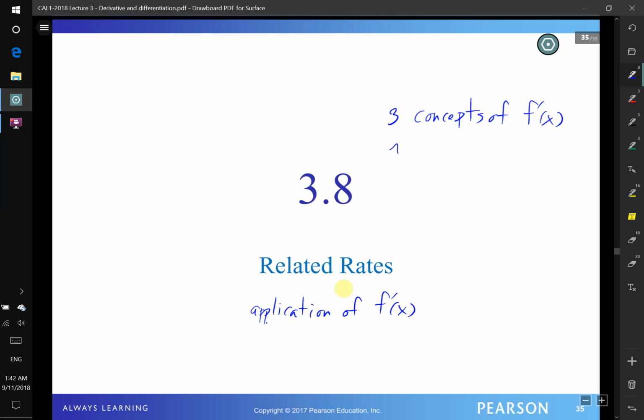The first one that we saw in this class is how we look at f prime x as the slope of the graph f(x). So let's say that we have this graph of f(x), and we are interested in a particular point, and we want to find the derivative at this point.